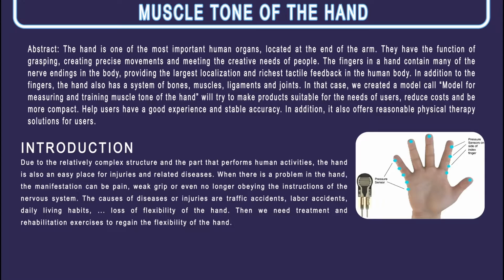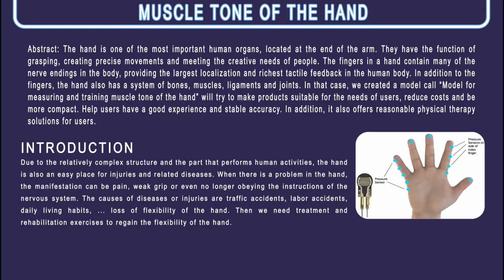The causes of disease or injuries are traffic accidents, labor accidents, daily living habits, etc. Loss of flexibility of the hand. Then we do treatment and rehabilitation exercises to regain the flexibility of the hand.